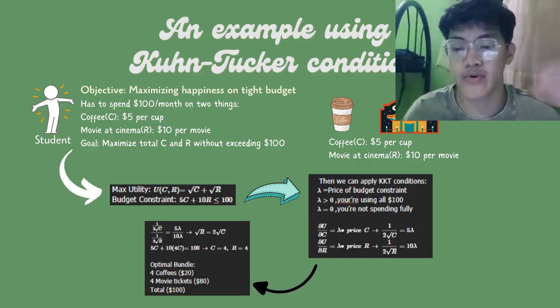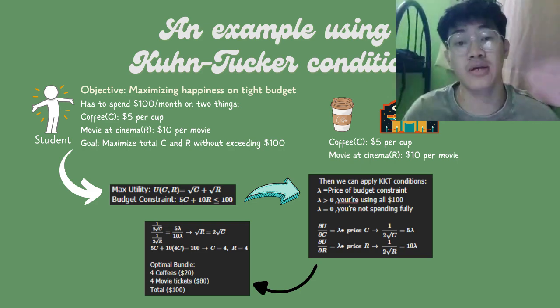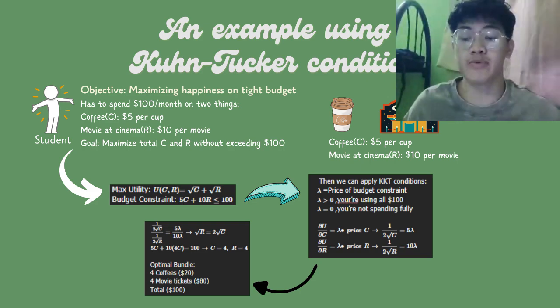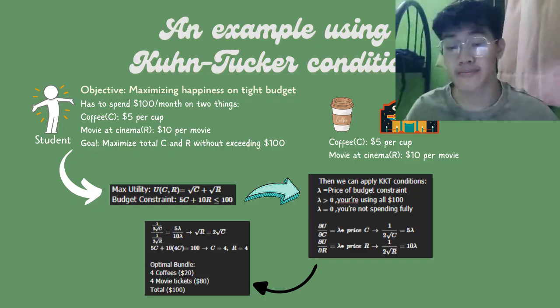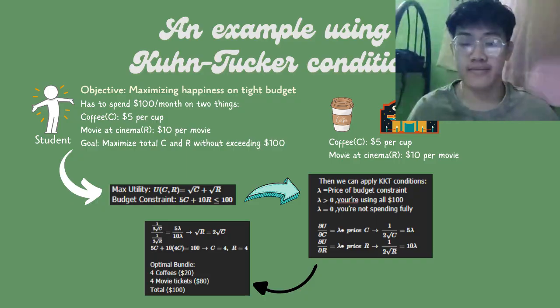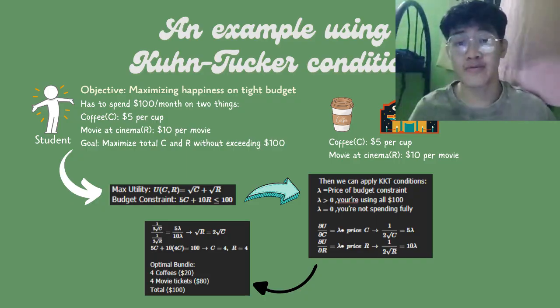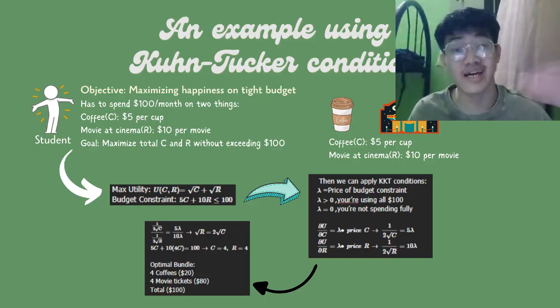Then we have our objective function, which I put as maximum utility: the square root of C plus the square root of R. Then you can see the arrow. I hope you can try to understand.